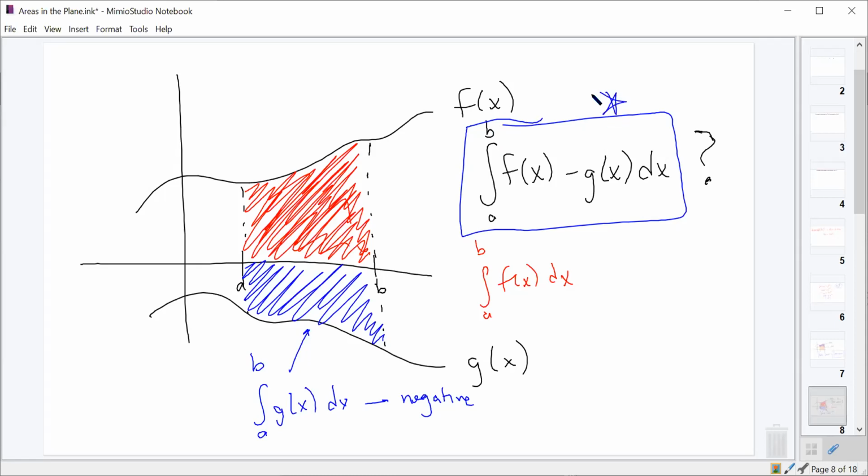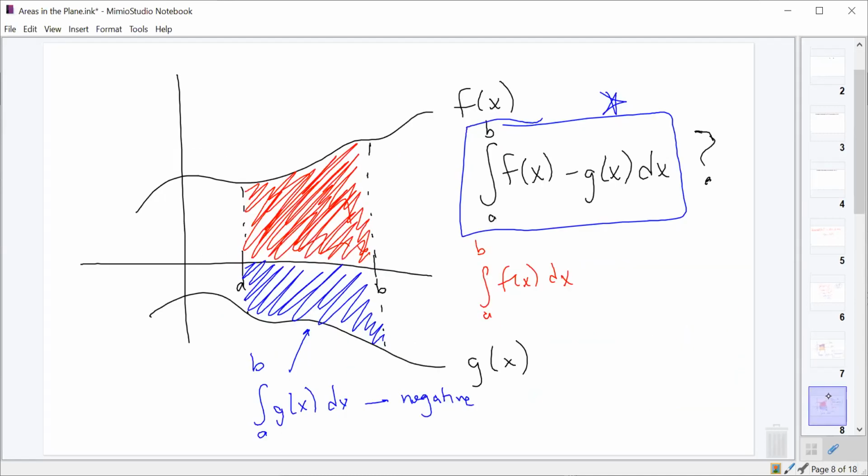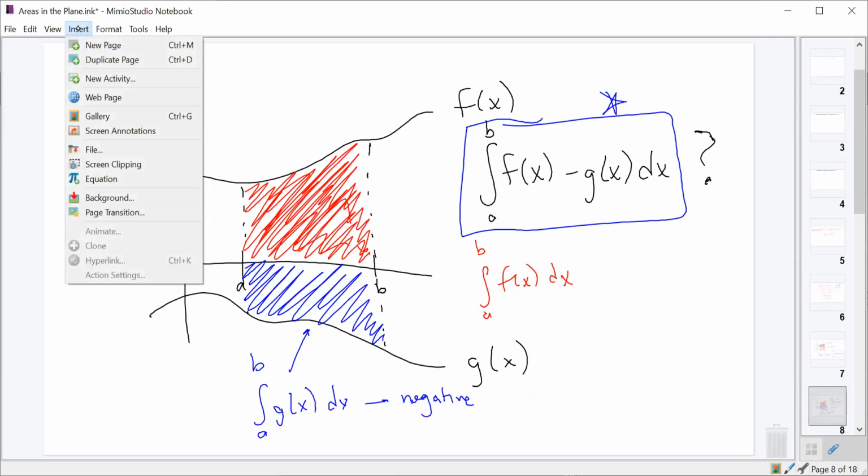So it looks like it does still work if one function is always above and the other function is always below. Agreed or no? Agreed. Wonderful. So both functions above, good. One function above, the other function below, good.